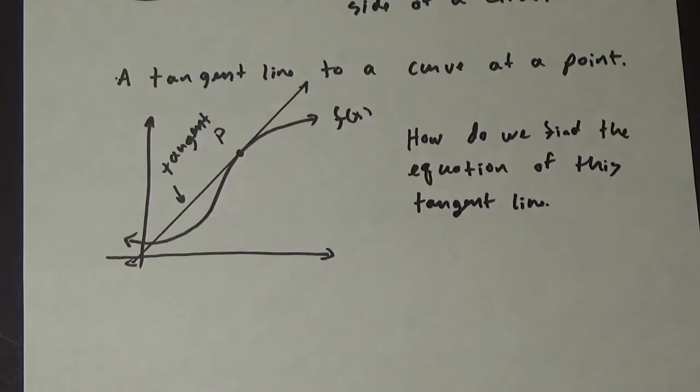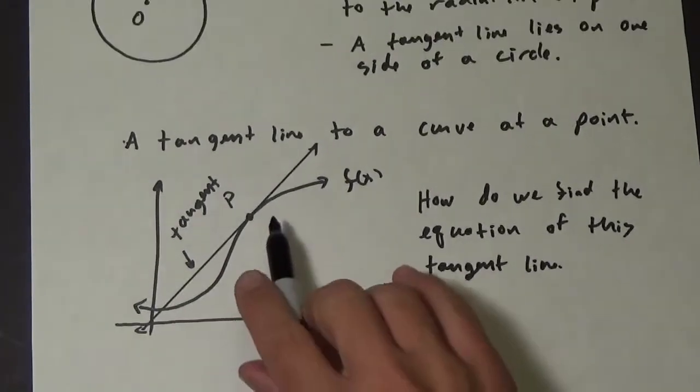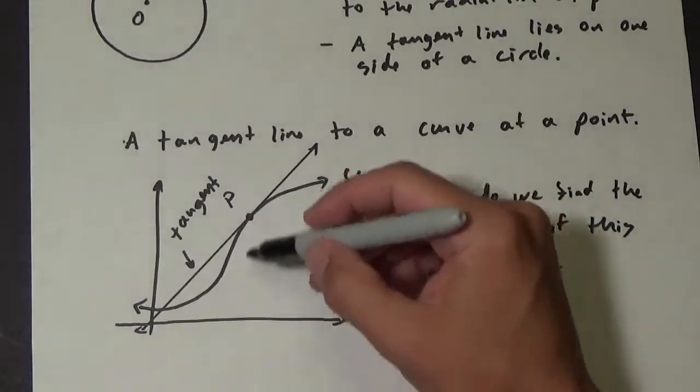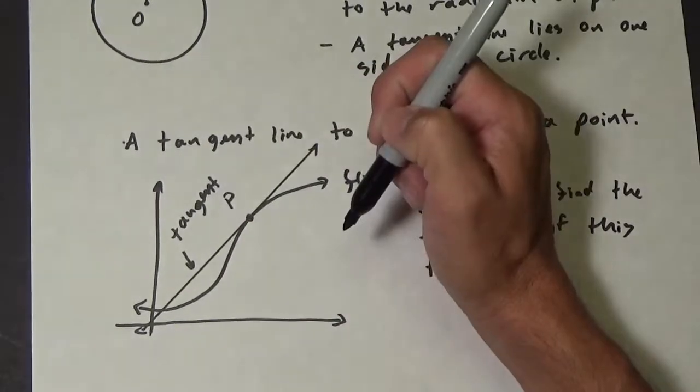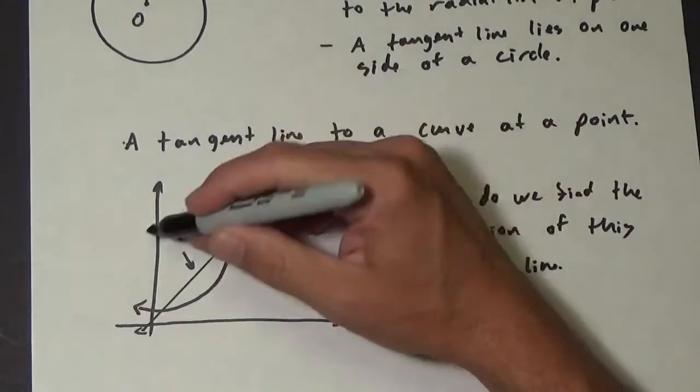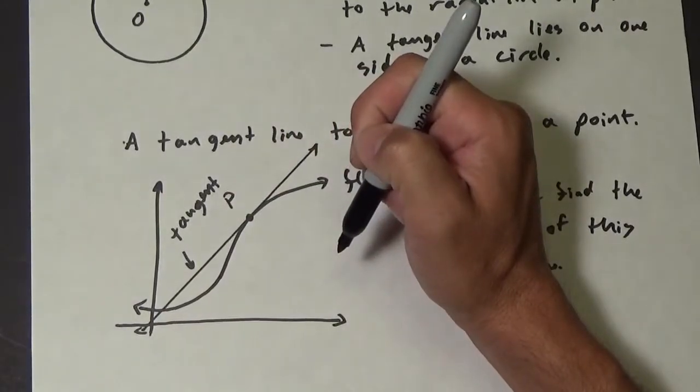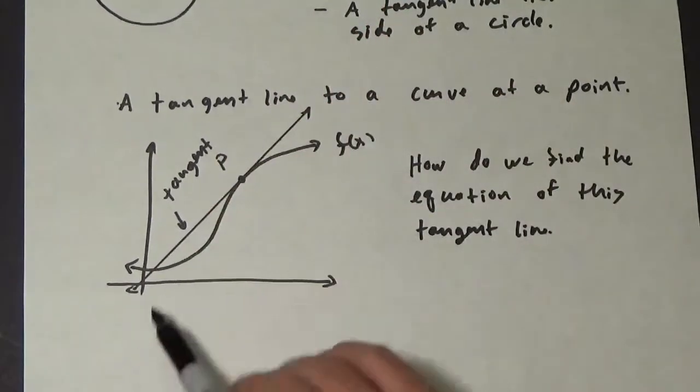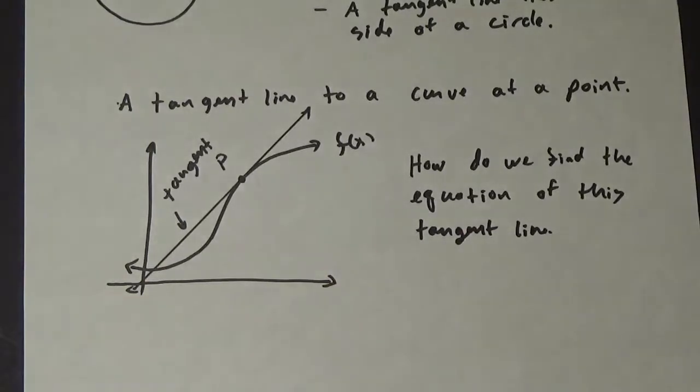Alright, so just to review, to find the equation of any line, you need a point and you need a slope. So usually the point's not too bad because we're going to be able to figure out what the value of that point is by getting the x value and the y value. But we also need the slope of this tangent line, and that's where the issue comes in.